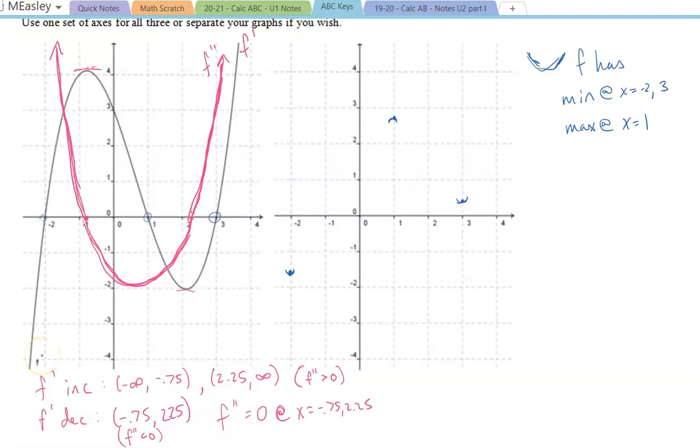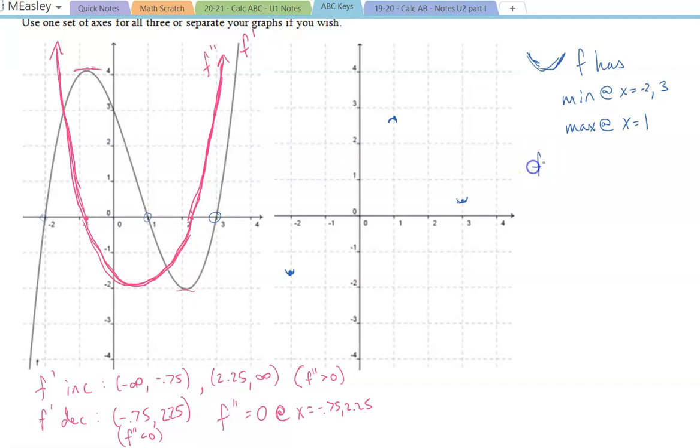Okay, now let's check whether f prime is positive or negative to tell us whether f is increasing or decreasing. So from -infinity to -2, f prime is negative, and then again from 1 to 3, f prime is negative. So that tells us that f is decreasing on those intervals.